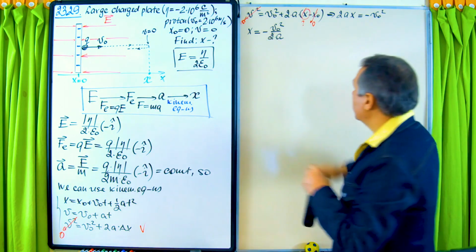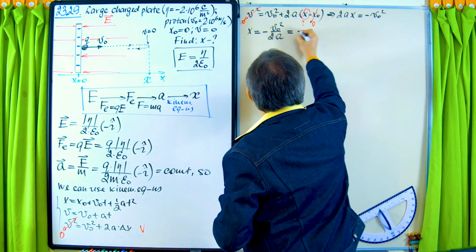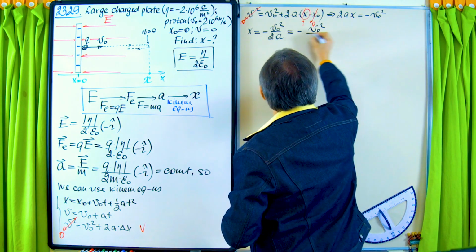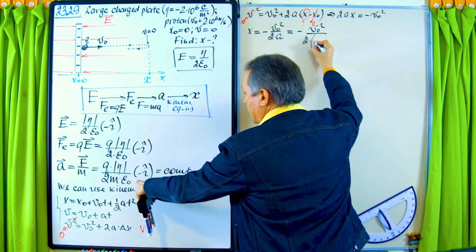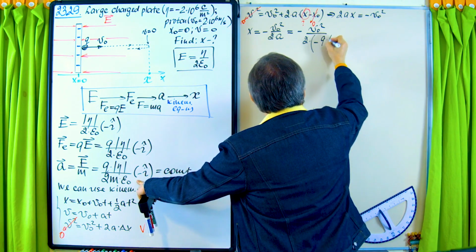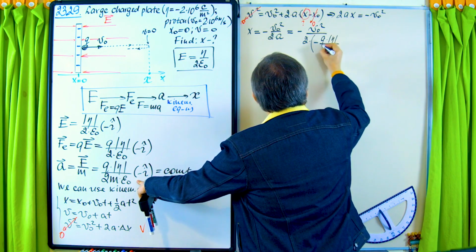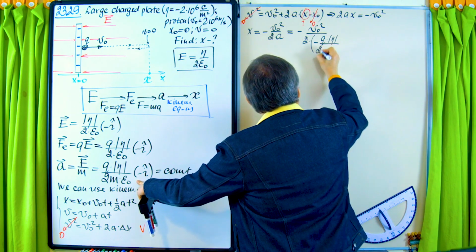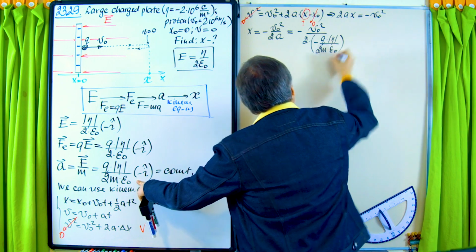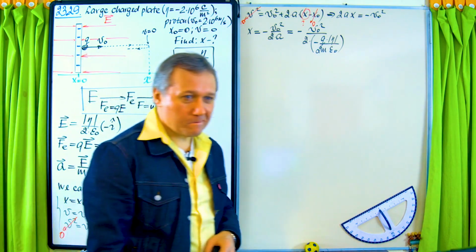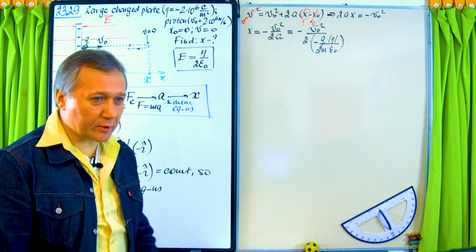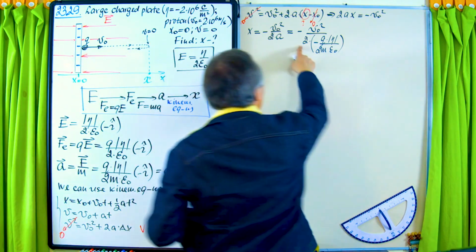Okay, so now let me rewrite it. So v naught squared divided by 2, and instead of acceleration, I will write all this, mass. Right. Q eta over 2m epsilon naught. Okay, so now we just need to make it look nice. 2 will be cancelled.